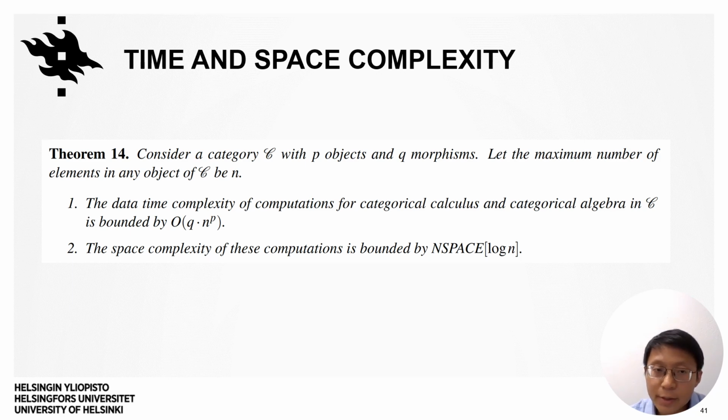Then the data time complexity of computation for category calculus and algebra is bounded by Q times n to the power of P. This is still polynomial time in Q and P. The space complexity of this computation is bounded by NSPACE(log n), so the space is also efficient.